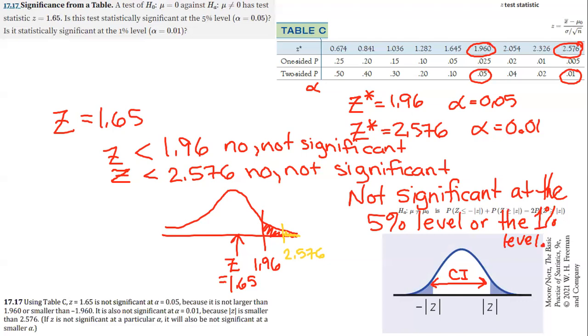If Z is not significant at a particular alpha, it will also not be significant at a smaller alpha. We made that observation as well. And they said, just like we said, that it's not significant at either of these levels. So check, check.